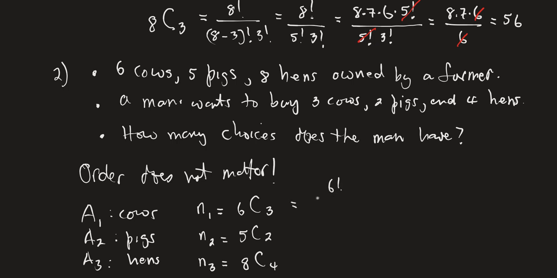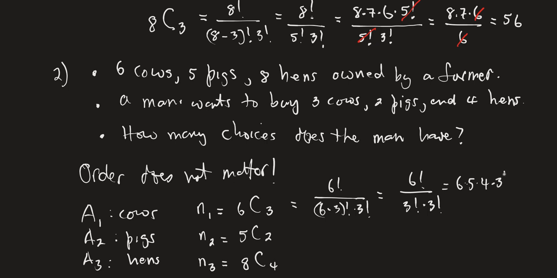So we got 6 factorial over 6 minus 3 factorial, and then times 3 factorial. So what happens here? You have 6 factorial over 3 factorial, essentially squared. Well, I'll just write it as times 3 factorial. And then what happens here? You have your 6 times 5 times 4.